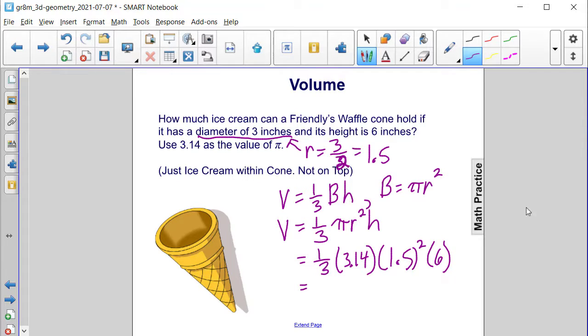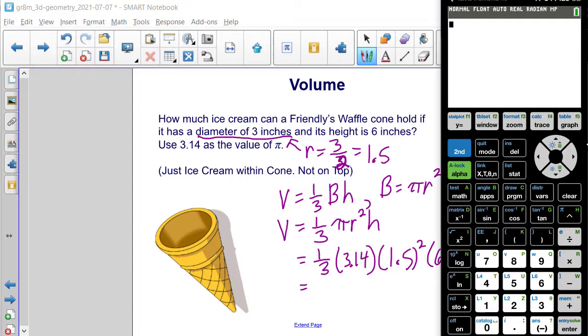And then if we substitute these values into a calculator to get our solution, it'll be 1/3 times 3.14 times 1.5 squared times 6.